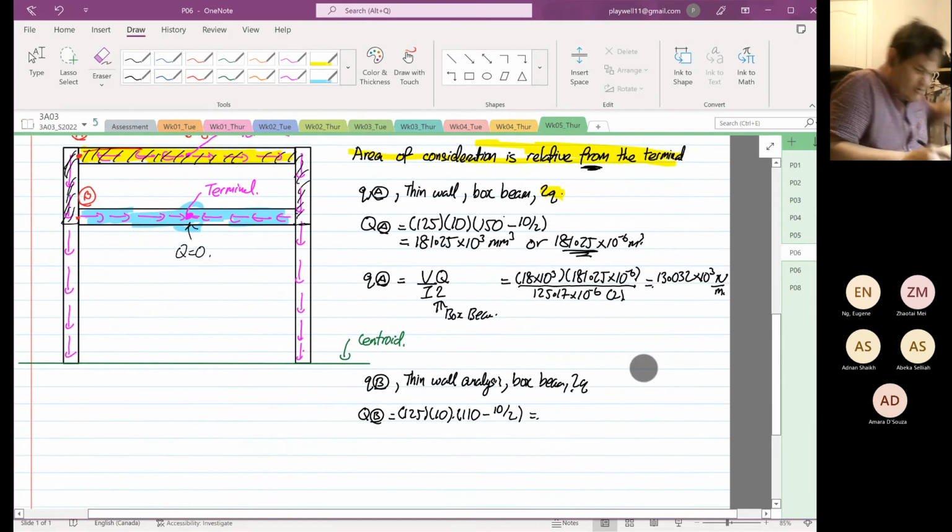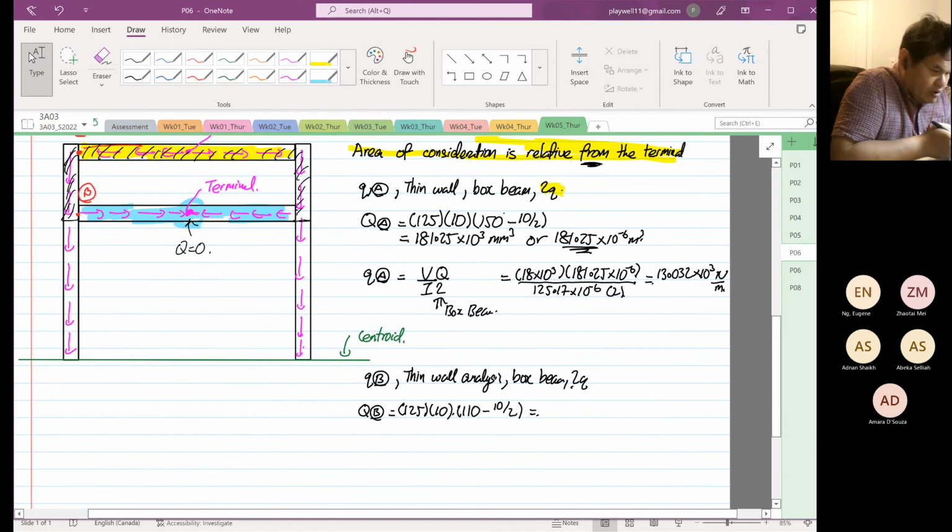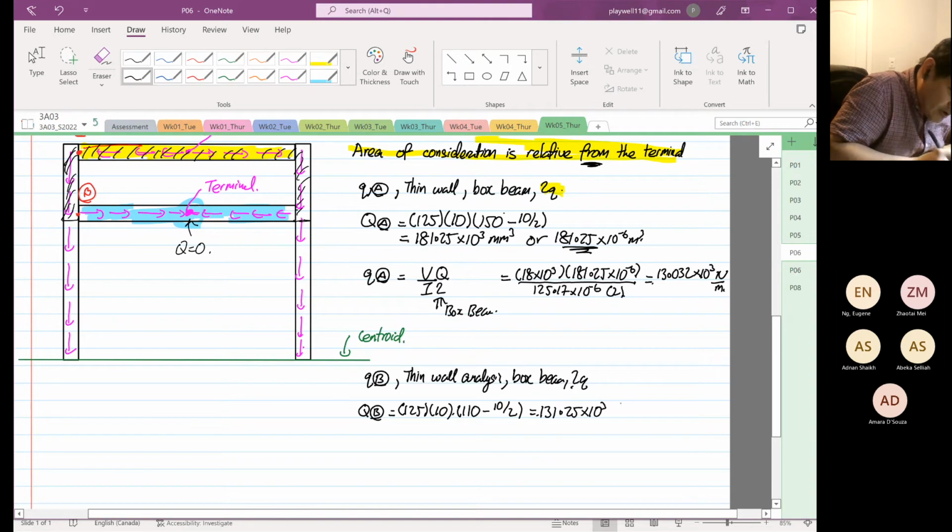So this will be equal to 110 minus 10 divided by 2, times 10 times 125, which is equal to 131.25 times 10 to the power 3 millimeter cube, or 131.25 times 10 to the power minus 6 meter cube.